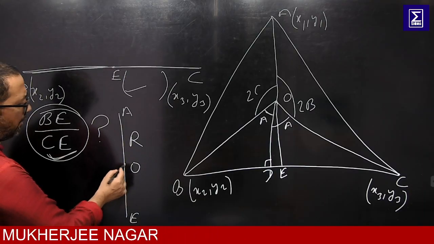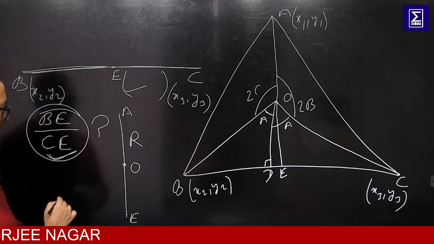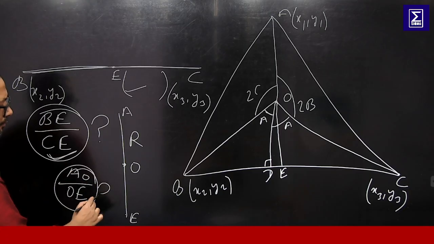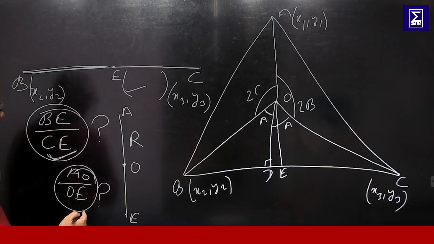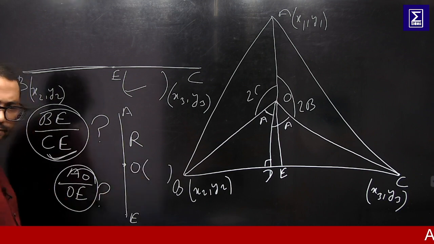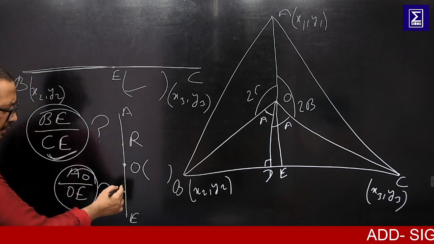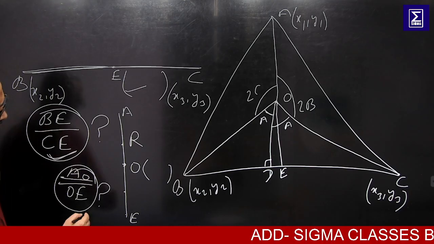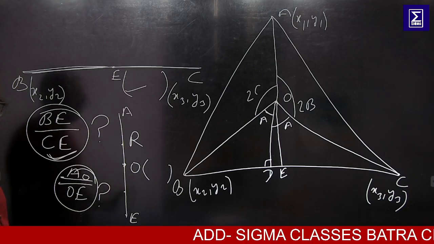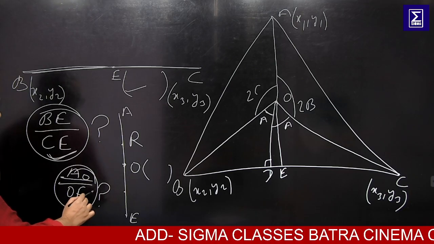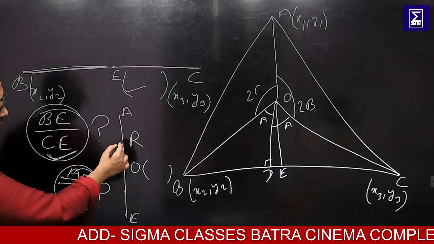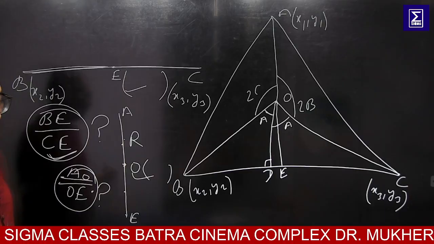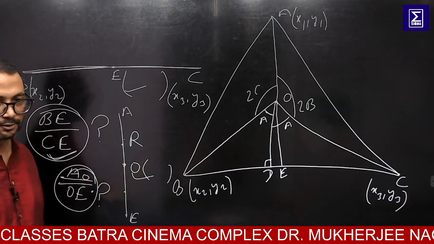If somehow we get AO upon OE, then we will get the coordinate of O, because we will get the ratio AO upon OE, wherein AO is already given as R. With the help of the ratio we can use the section formula and get the coordinate of O, that is the circumcenter, and that's what is required in this question.